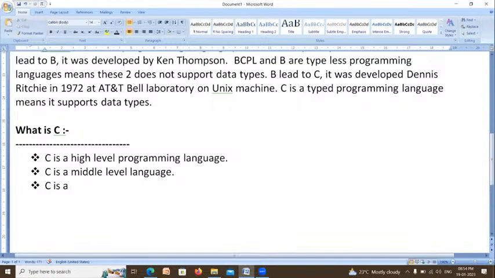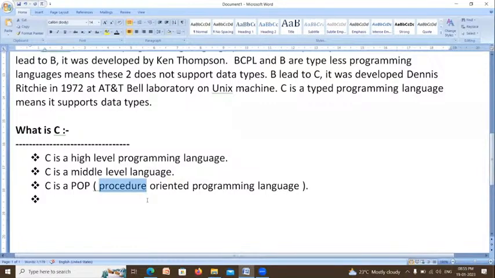C is a POP. POP means procedure oriented programming language. C is a POP language, means procedure oriented programming language. The meaning of this is it gives more priority to procedure. It gives less priority to data.